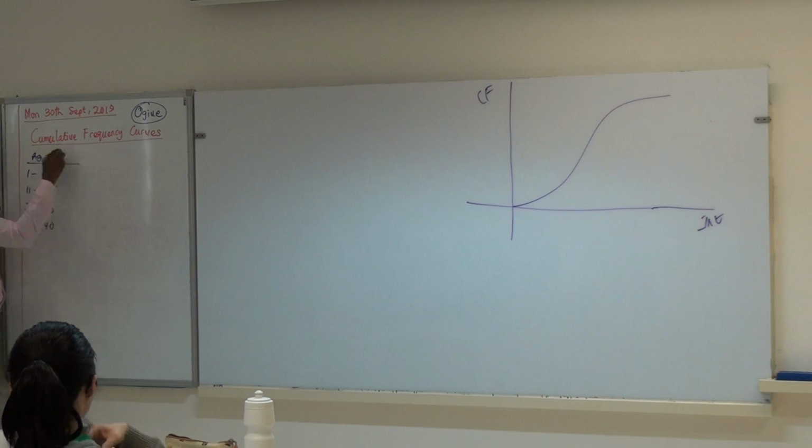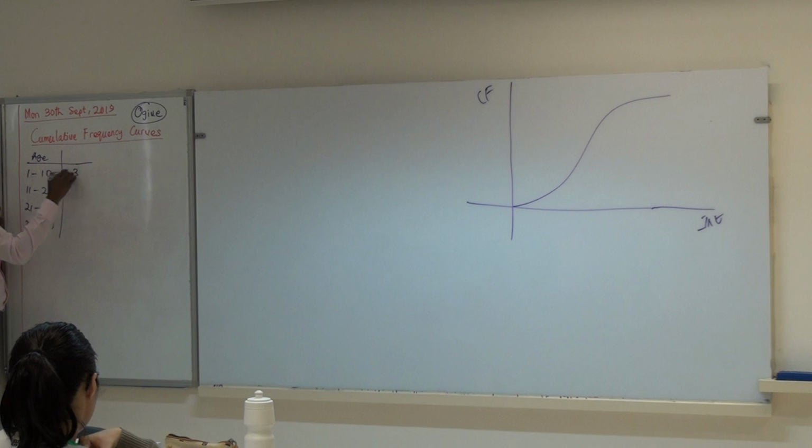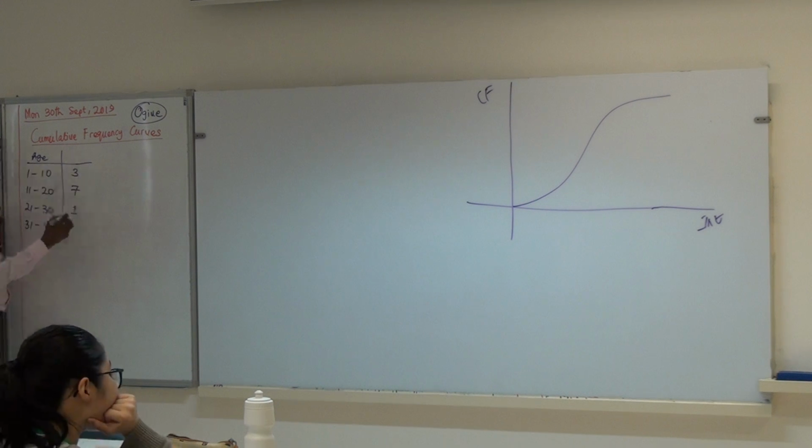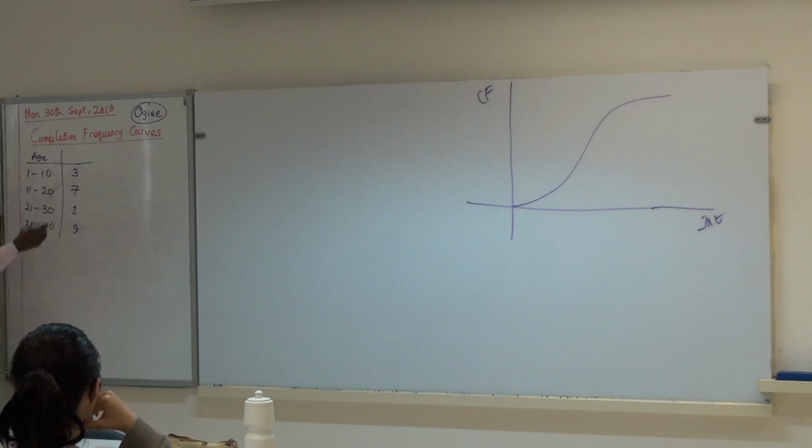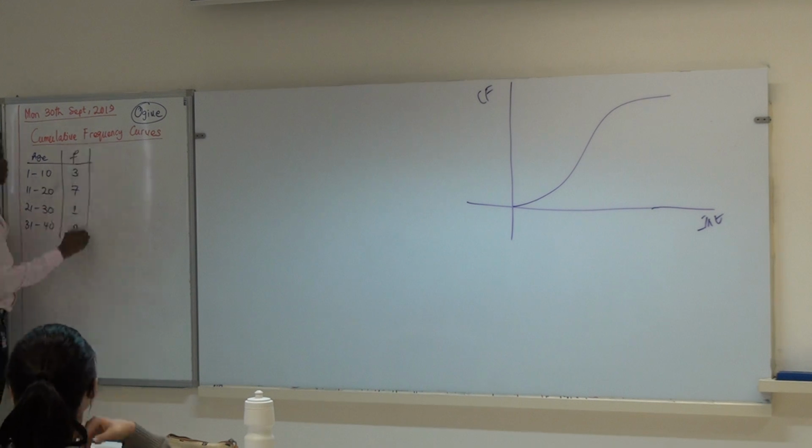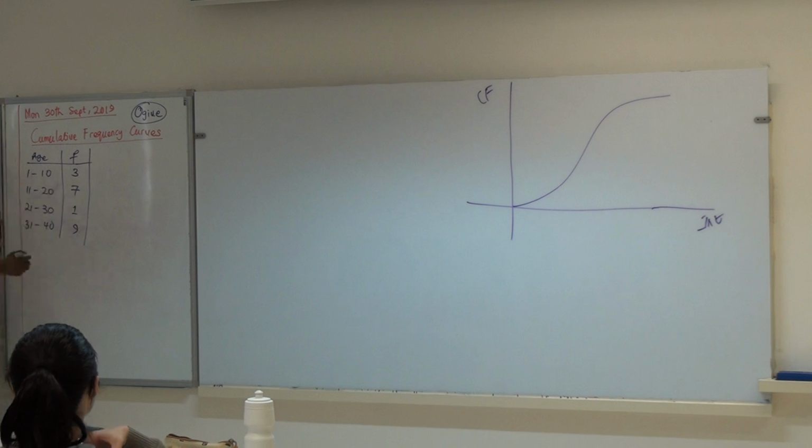In this range, maybe there are 3 people, here there are 7, here only 1 person, and here there are 9. This is the frequency, which means number of people present in that range.